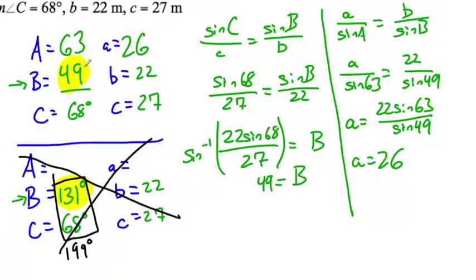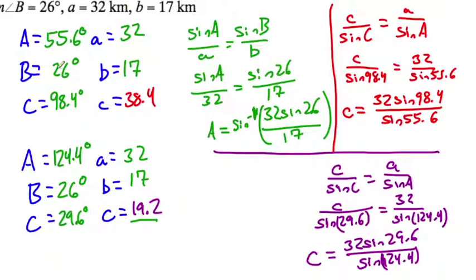So here I found 49 degrees. I subtract that from 180 to get 131. That means that same angle B in a different triangle would be 131. However, that 131 plus the other angle I already had, 68, was well above 180 degrees. So that second triangle doesn't work, so I just focus on that original first triangle.